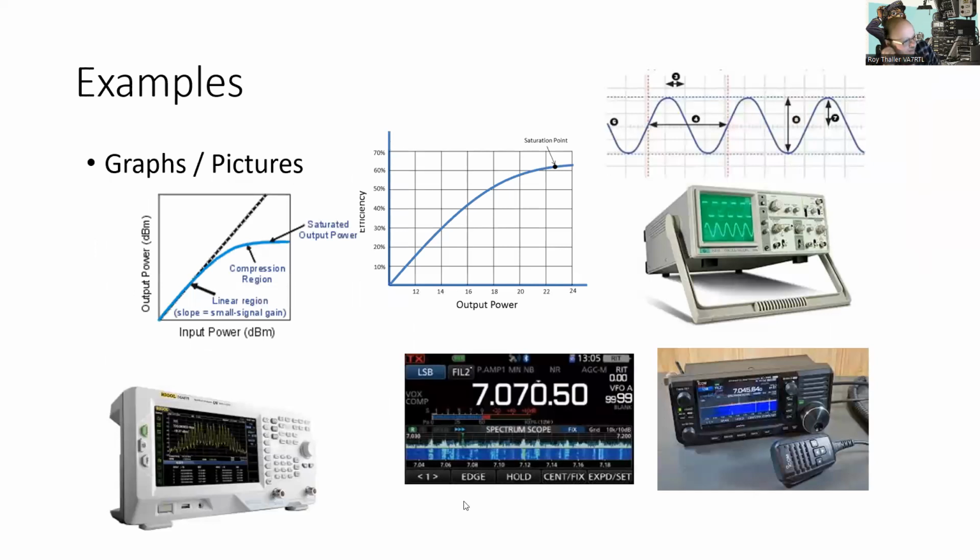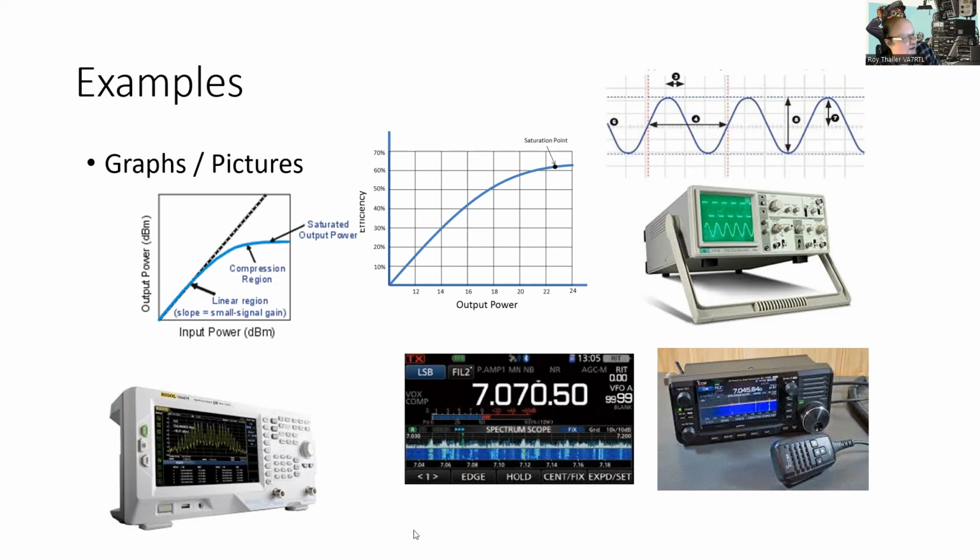So when we start looking at some of the test instruments like an oscilloscope, it's basically amplitude versus time, and we get a sine wave, and here's a square wave and a sine wave on an oscilloscope. When we start looking at a spectrum, we get a spectrum analyzer here, for example. So here you've got amplitude versus frequency.